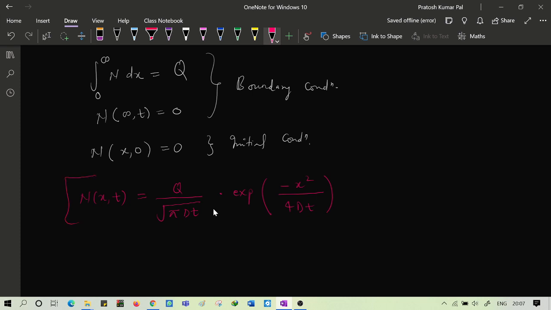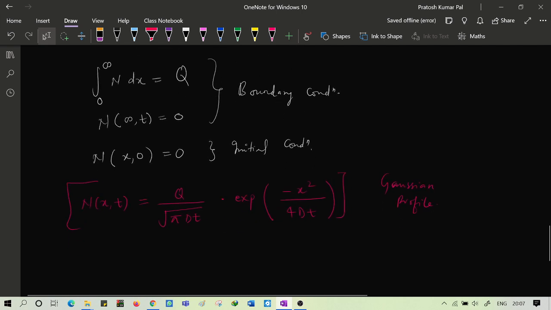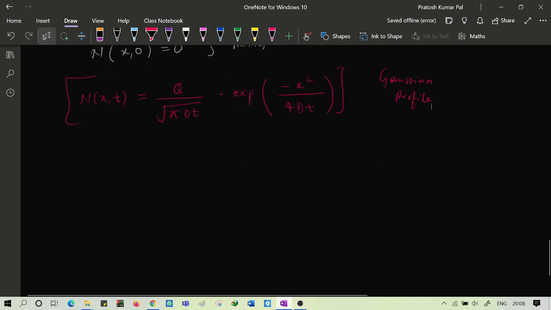So this is the concentration of dopant that is considered as a Gaussian profile. In the previous case it was an error function type of profile. Here, if constant total impurity diffusion is there, it will follow the Gaussian type of profile.